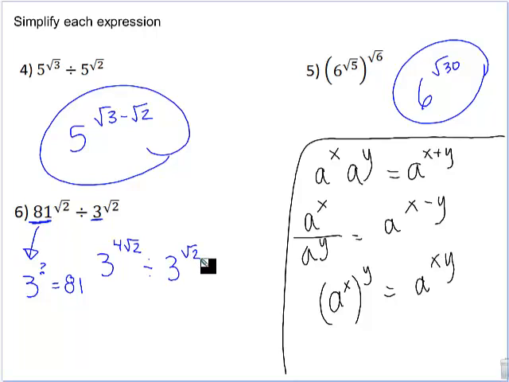Okay? Because we need that same base number. Now that we have the same base number, what can I do with those two? Subtract. So what's 4 square root of 2 minus square root of 2? Just 3 square root of 2. So 3 to the 3 square root of 2.